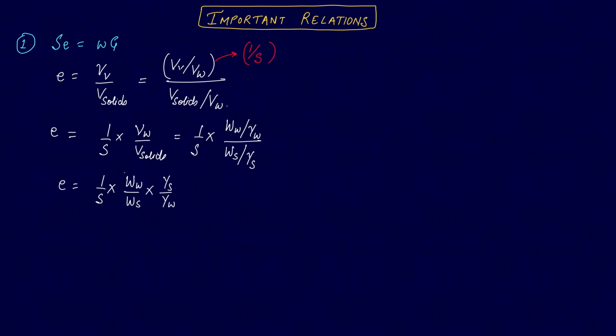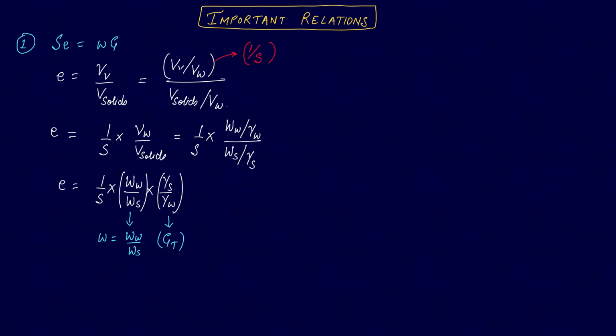Now see, these two terms are individually different terms. This one is the water content, which is the weight of water upon weight of solids, whereas the unit weight of the solids to the unit weight of water is nothing but Gt, the true specific gravity.